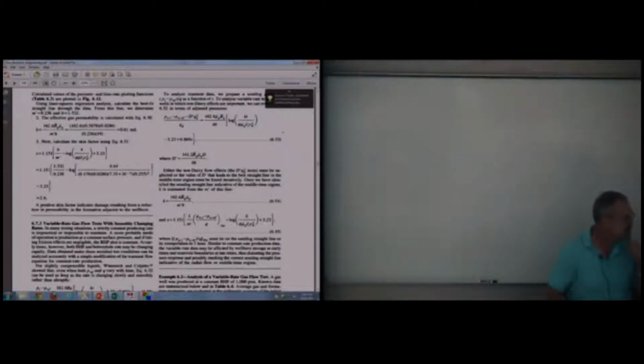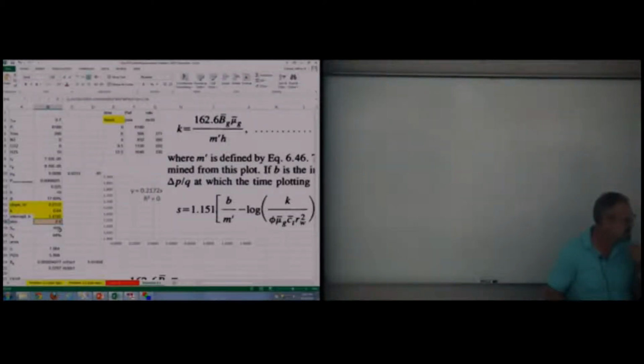Okay, and they gave me 0.61 for perm and 2.6. I got 0.64 and I nailed it on 2.6.